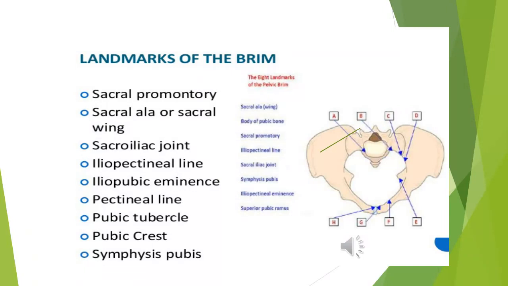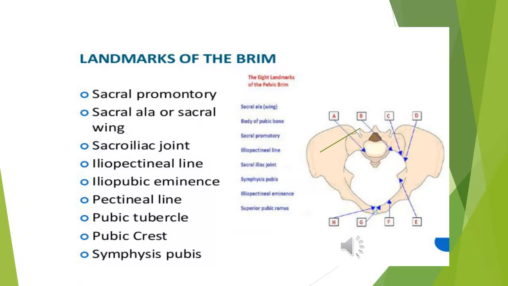So it starts from the sacral promontory, then the ala of the sacrum, then it crosses the sacroiliac joint, then that line is the iliopectineal line along the lower part of the medial border of the ilium, that is the arcuate line.